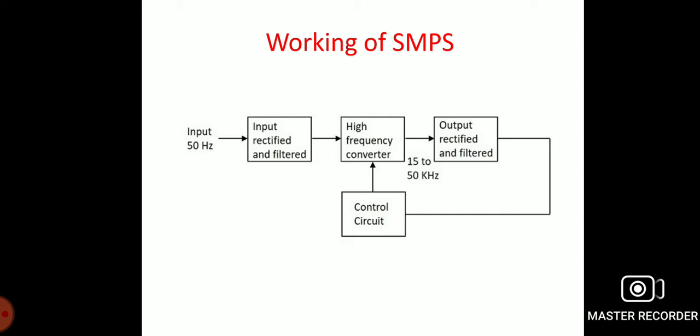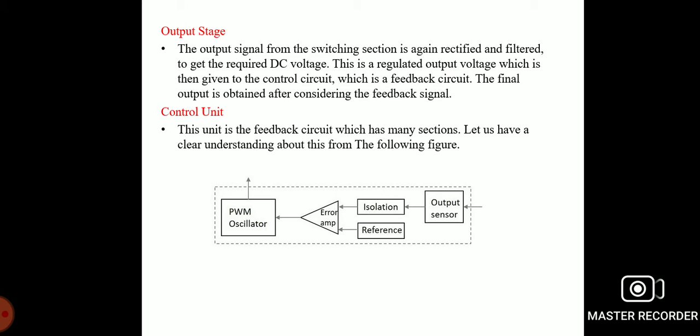Let us have a clear understanding of this. In the following figure we can see the control unit. Now we can discuss the control unit in another slide. So here the feedback circuit has many sections. What are the sections?